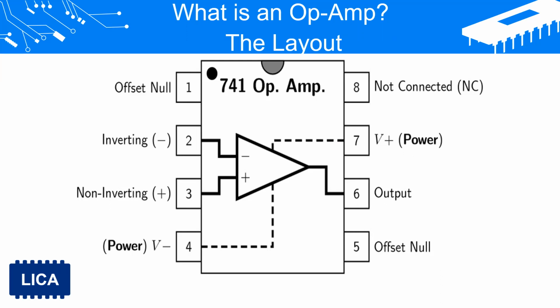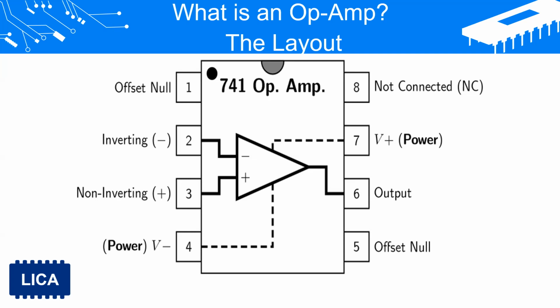The 741 IC draws power for its operation from these pins. Similarly, pin 6 is the output pin of IC 741. Like that, pin 2 and pin 3 are input pins. Pin 2 is the inverting input and pin 3 is the non-inverting input.